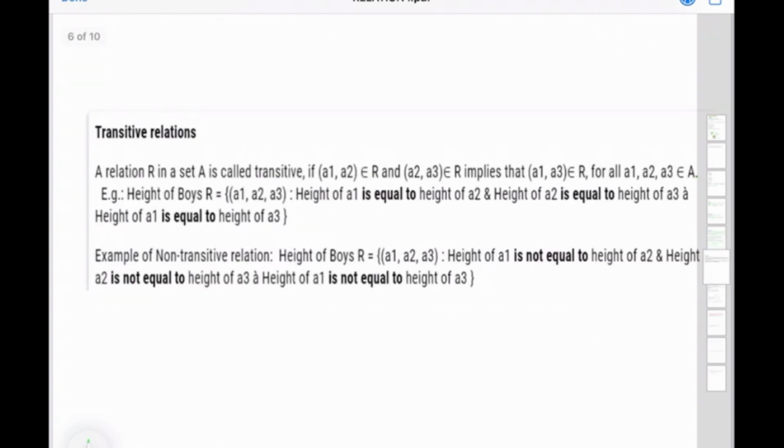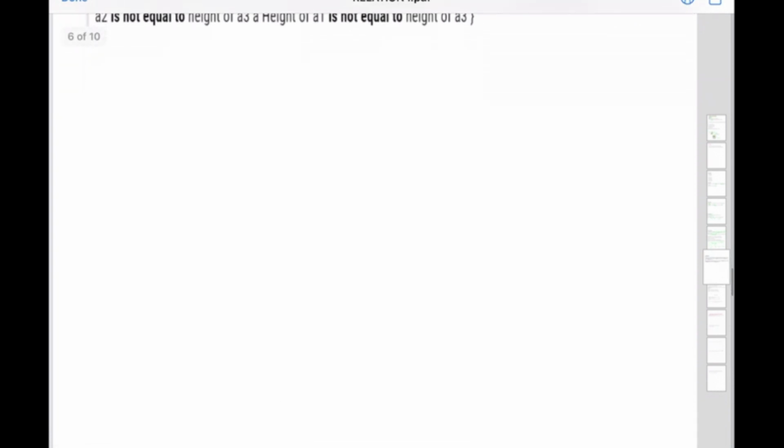The next one is transitive relation. This is also very important. There is a condition for when the relation will be transitive.